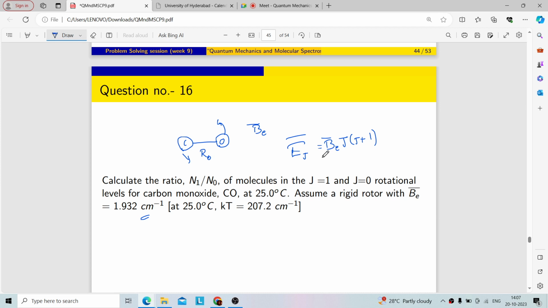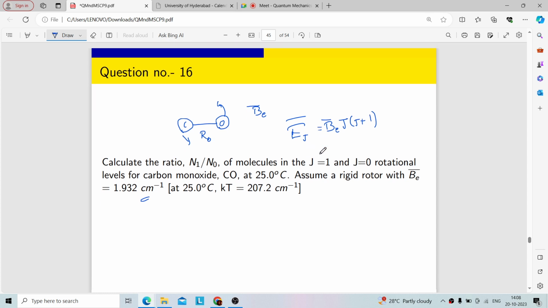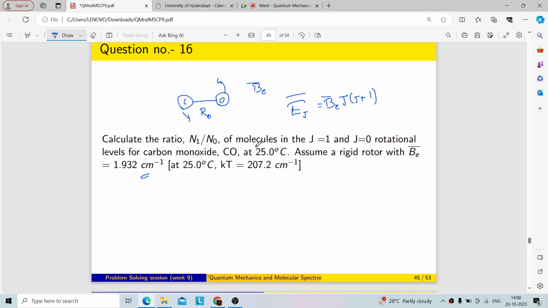Okay, so there will be some transition from J equal to 0 to J equal to 1 state, let's say. So in that case, what will be the change in energy?